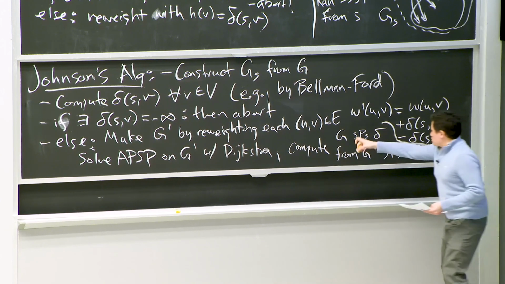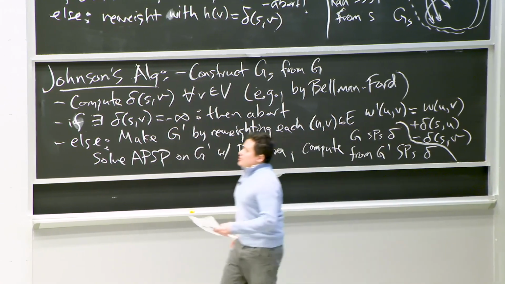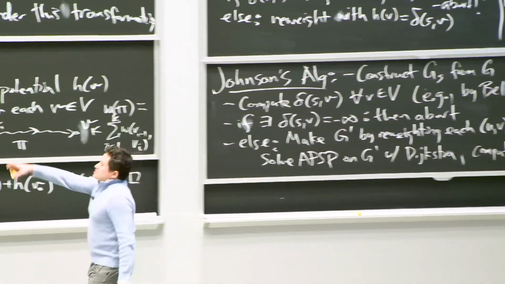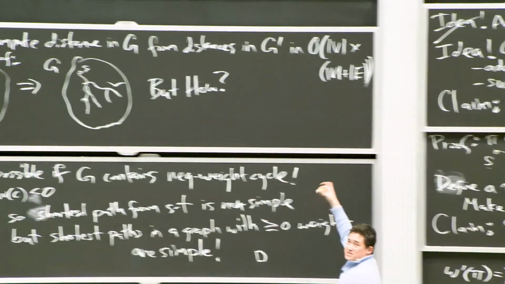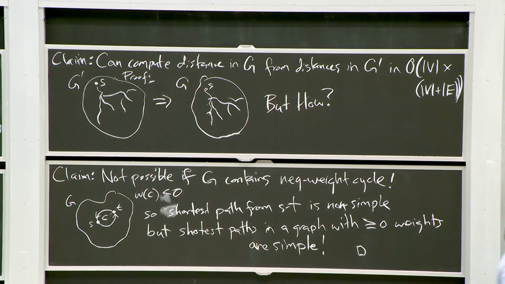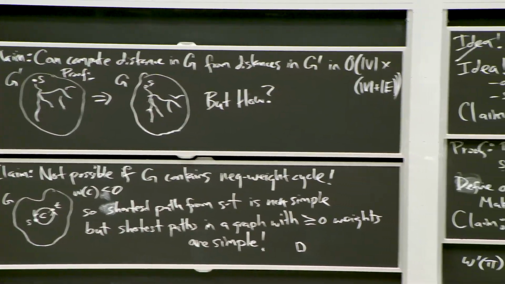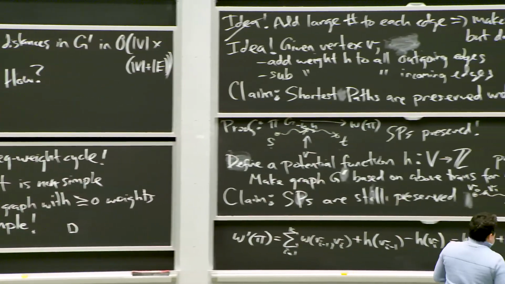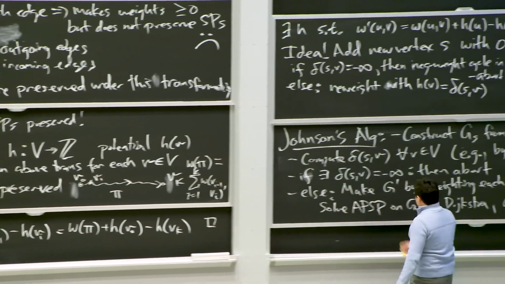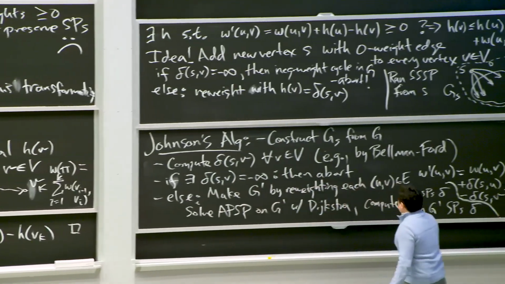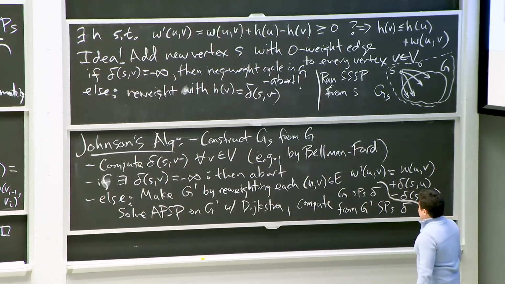Right? Compute these distances from the other using this algorithm up here. Can compute distances in G from distances in G prime in linear time. Or, sorry, V times linear time. Linear time for each S, for each vertex in my graph. Okay, so that's the algorithm.